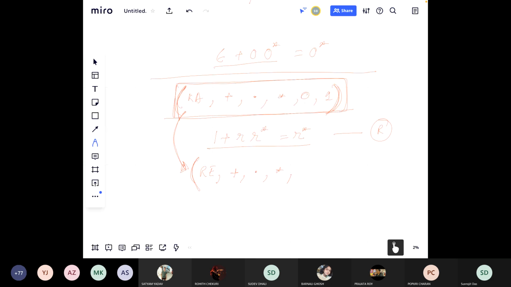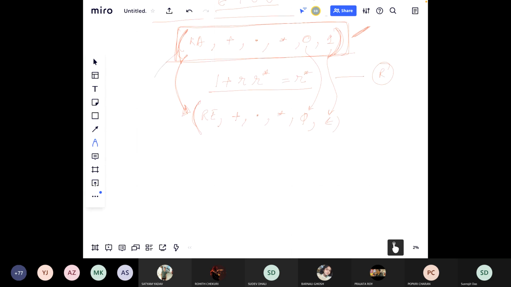Then you interpret 0 of the algebra as phi in our case, and 1 as epsilon. In that algebra, you have a rule that says an expression like 1 plus r star can be replaced with r star.